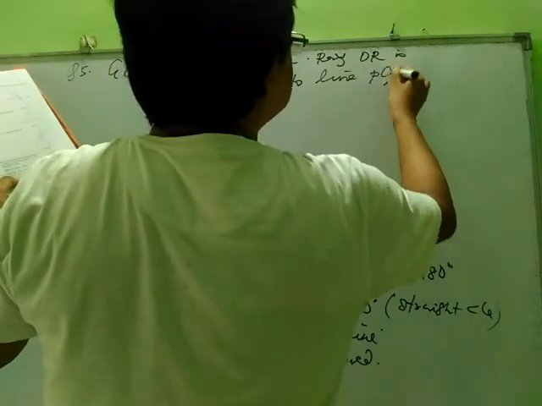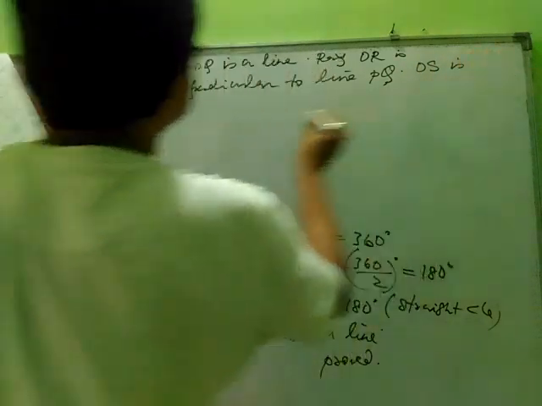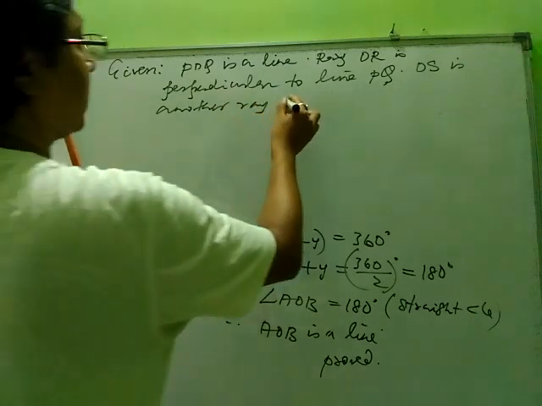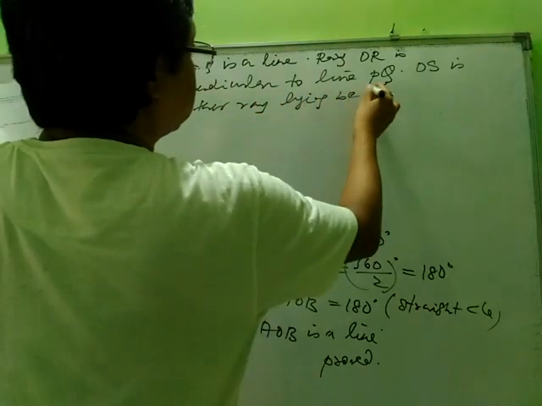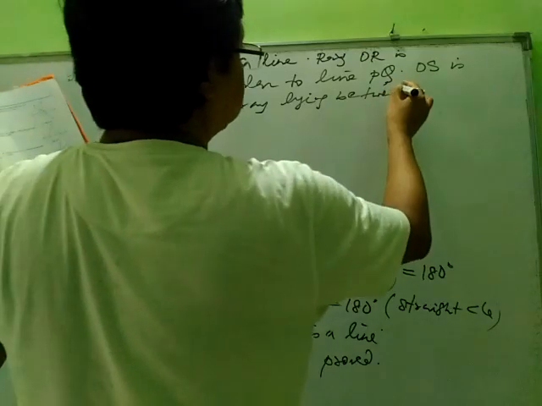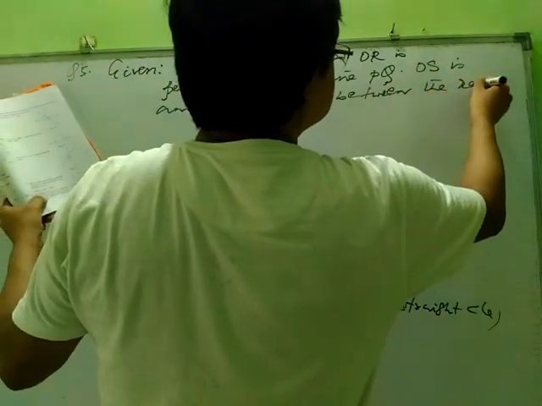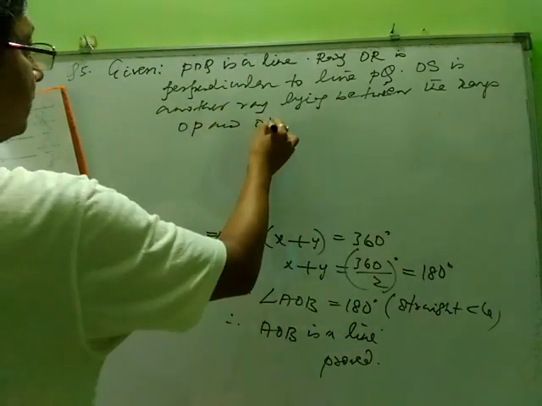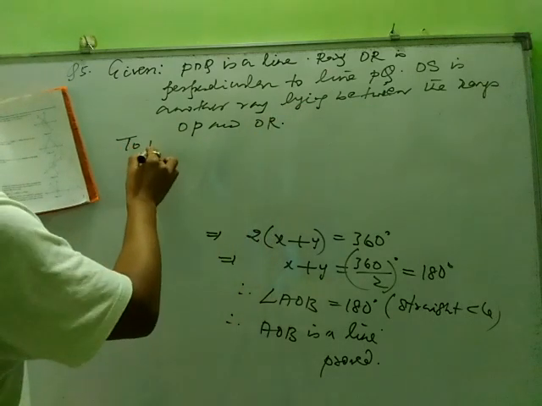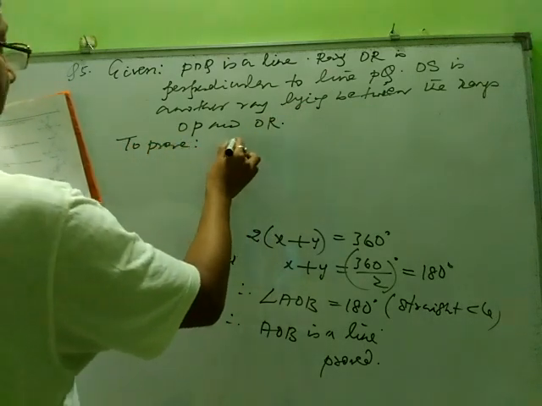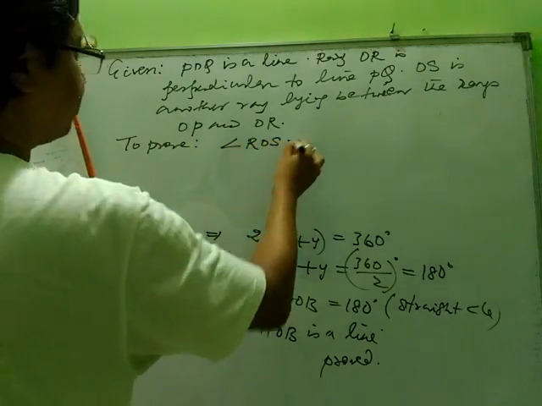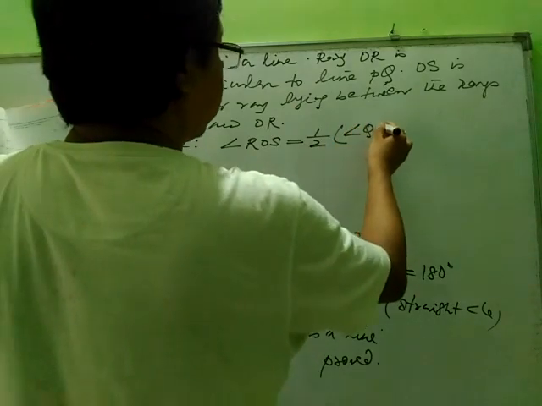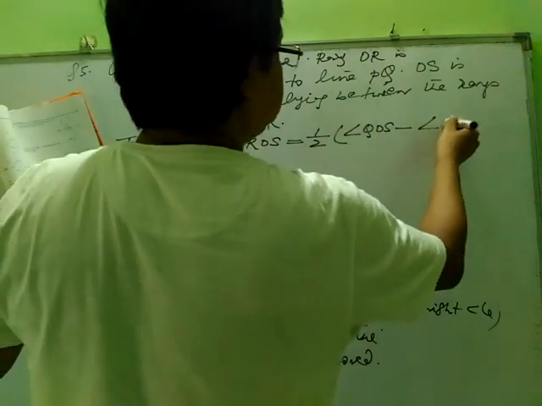OS is another ray lying between the rays OP and OR. Now to prove: angle ROS equals half of angle QOS minus angle POS.